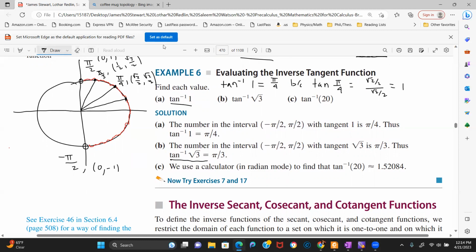Well, when you take tan of pi over 3, what is tangent? It's your y coordinate divided by your x coordinate. So it's root 3 over 2 divided by 1/2. And then the 2's cancel to give you root 3. So tan inverse sends root 3 to pi over 3 because tan sends pi over 3 to root 3.